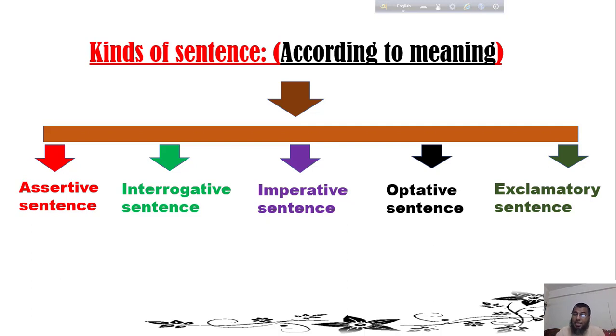Imperative sentence, which expresses any command, order, request, prohibition, proposal, suggestion, etc. Optative sentence, which expresses a wish or prayer. Exclamatory sentence, which expresses any sudden feeling of emotion, of joy and sorrow. Right, my dear students, thank you. And if you want, you can write down the names of the sentences.